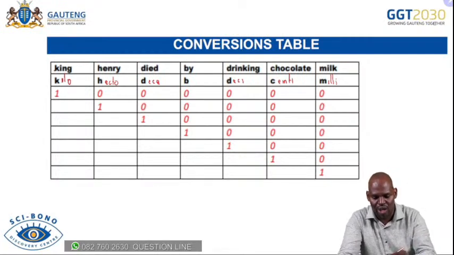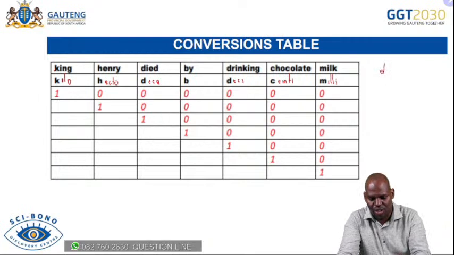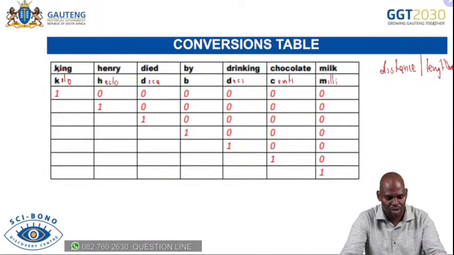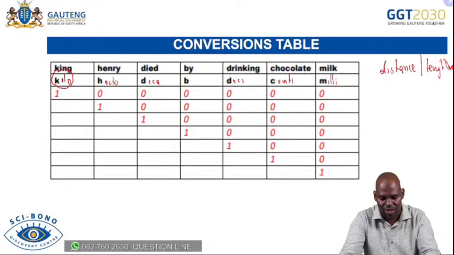That is, if we are working with distance or length, we use kilo, and then we use centi, and we use milli.